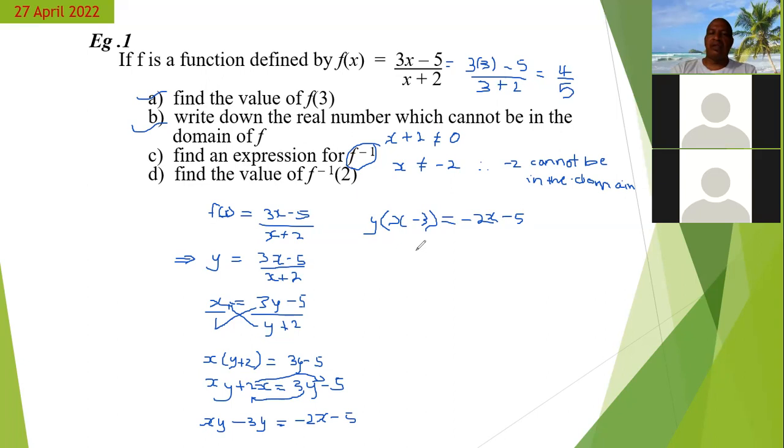Now, what we want to do now is to get rid of this bracket from beside the y. So we'd have to divide both sides by what is in the bracket. So we'd have to divide this side by x minus 3, and we also divide this side by x minus 3.